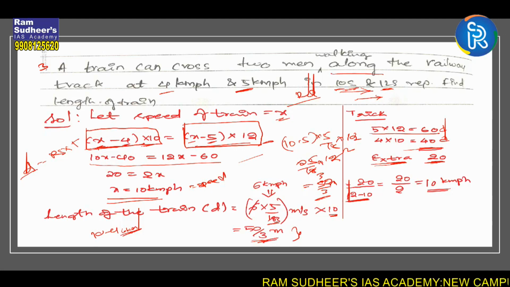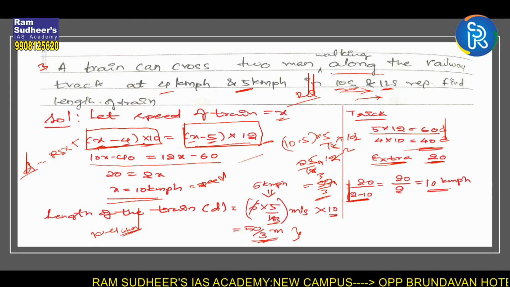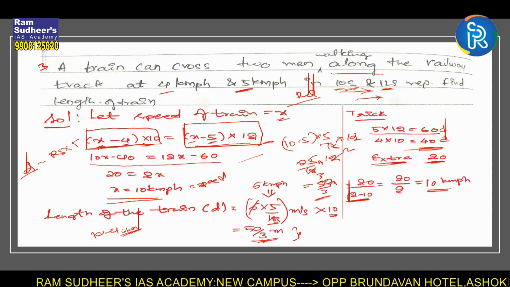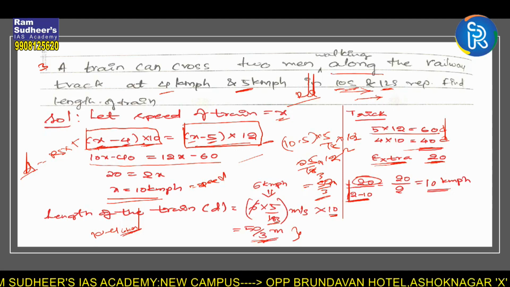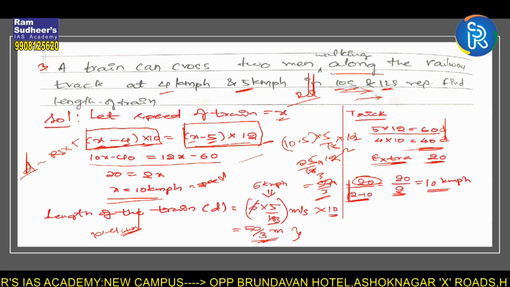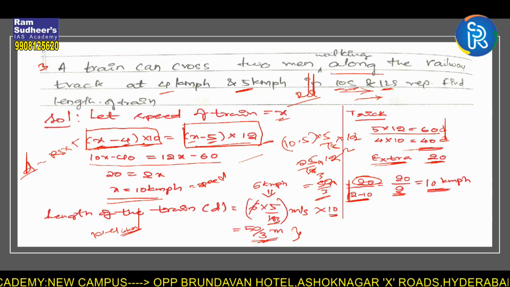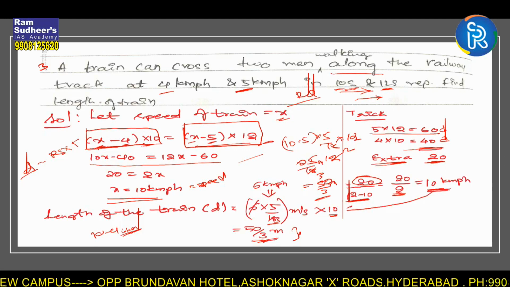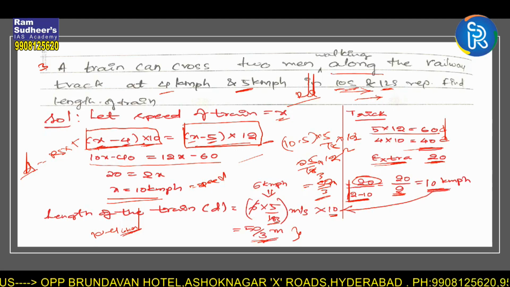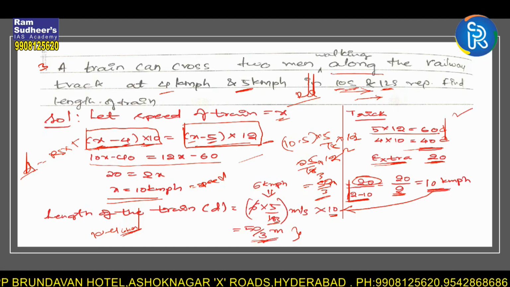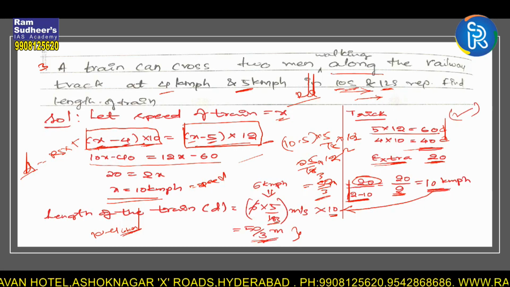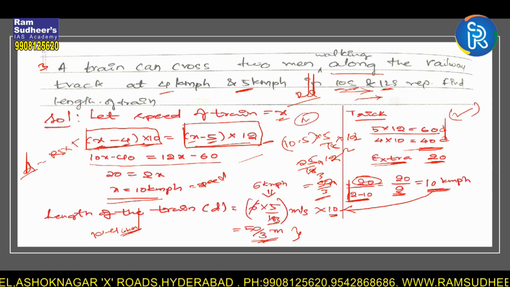I think we have also already solved a problem where the first part is traveled with a certain speed and the second part is traveled with a certain speed in the previous video using this trick. The same trick works over here. 20 is the excess distance and 2 is the difference of times, and our answer would be 10 km per hour, which is the speed of the train. And from here it would be similar to the previous case. And therefore, if this trick is confusing to you, you can go ahead with the previous method, which is easy too.